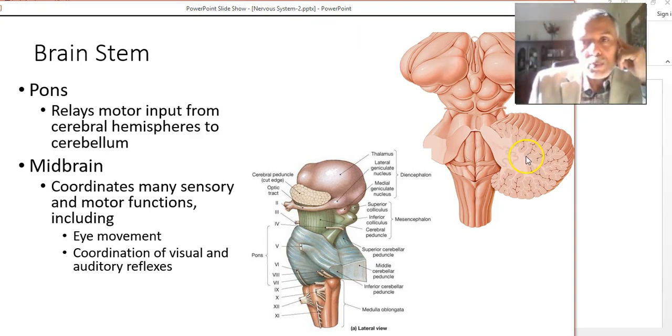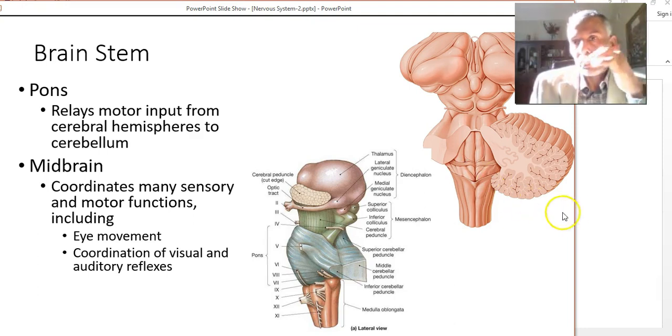So it is a very important part. And again, the pons is a major structure that connects the cerebellum to the brain stem and the rest of the brain. And it brings in information about motor movement from the brain to the cerebellum.